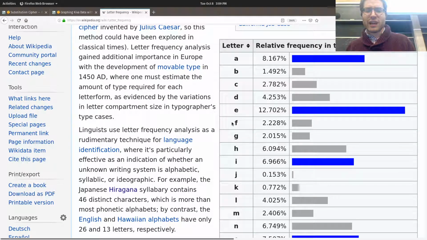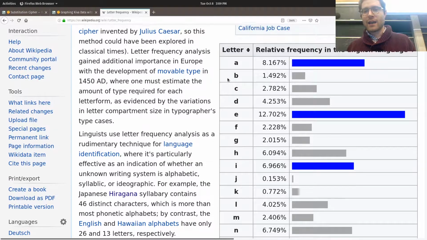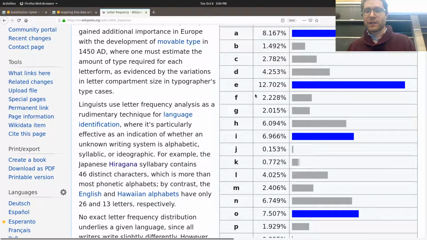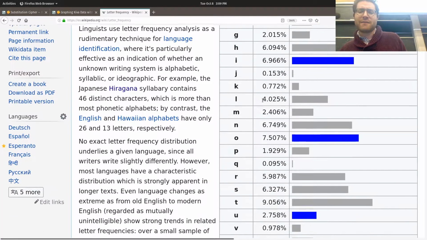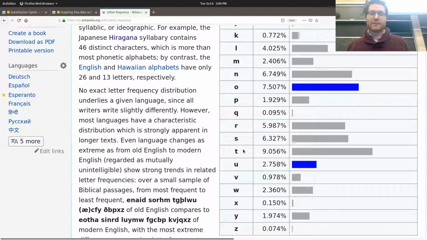We'd notice that the spaces appear around 12% of the time in a long enough message. We'd get kind of this fingerprint, saying that this character appears 12% of the time and this one appears 8% of the time. And so from there we can figure out E and A. We can figure out our vowels.